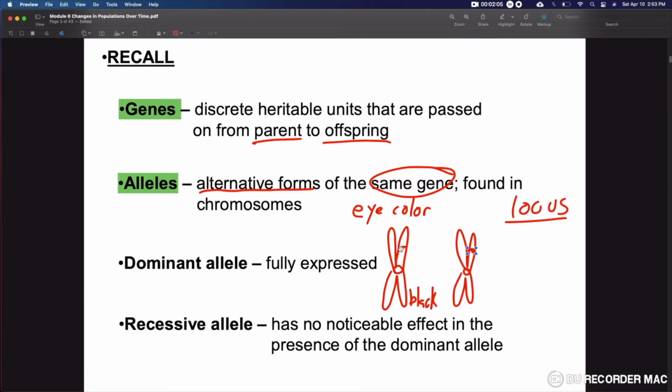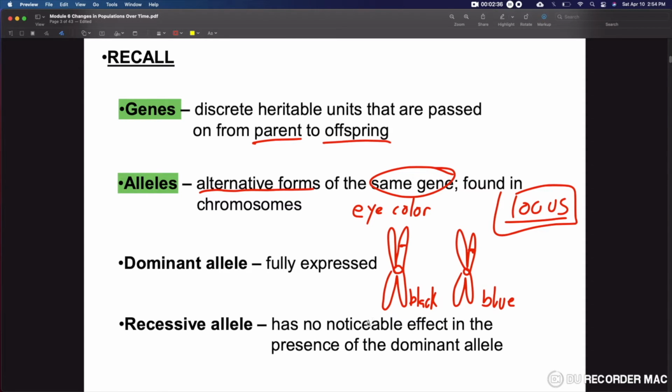But instead of coding for black eye color, since it's an alternative form, an allele, it codes naman for a blue eye color. So those alleles are the alternative forms of the same gene in the same locus of that chromosome.